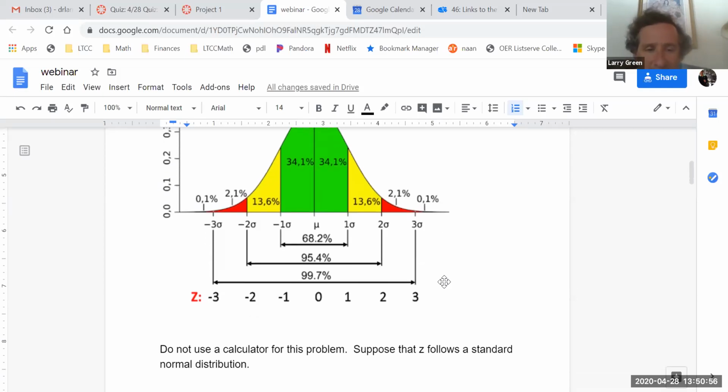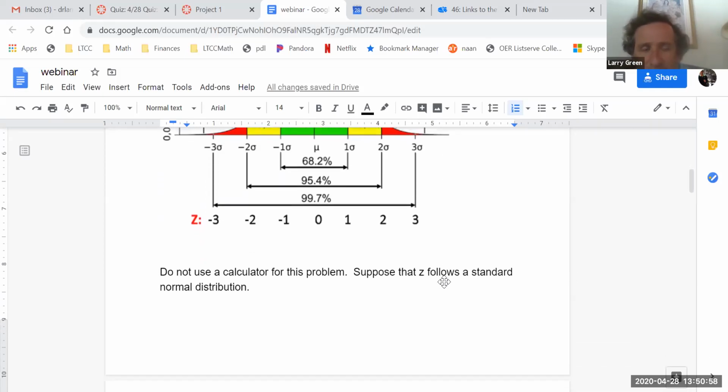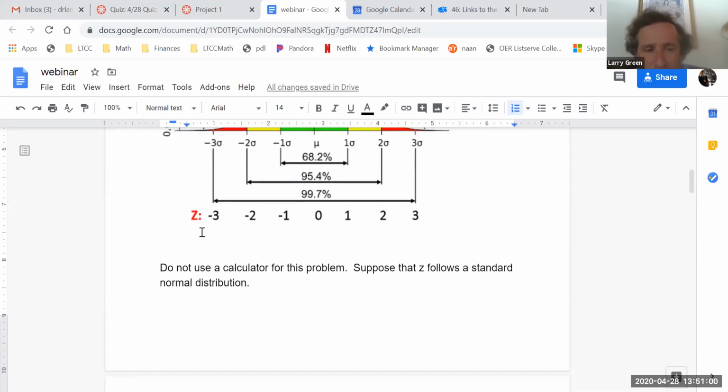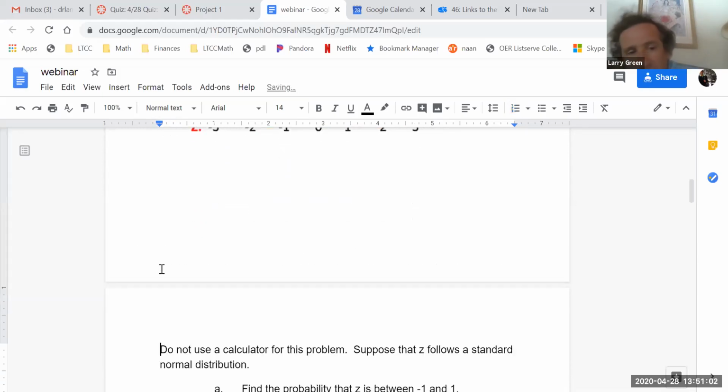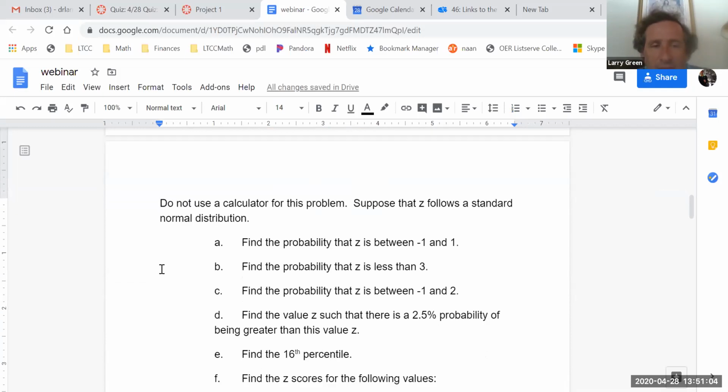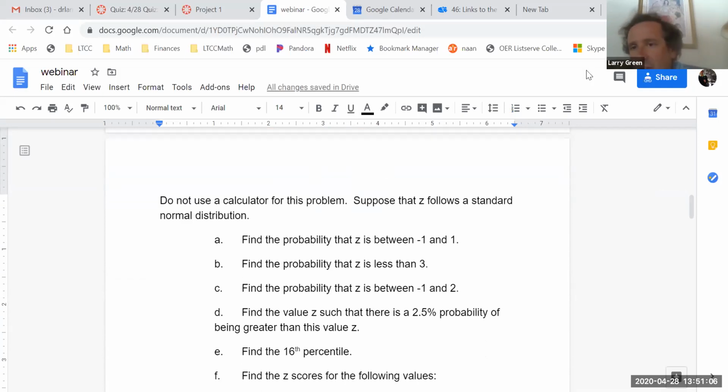All right, so now let's do some problems. We're going to start out by doing some without using a calculator or a computer. Suppose that Z follows a standard normal distribution.